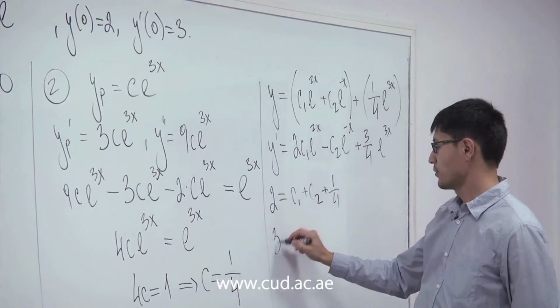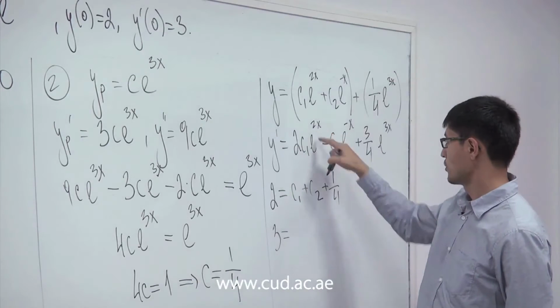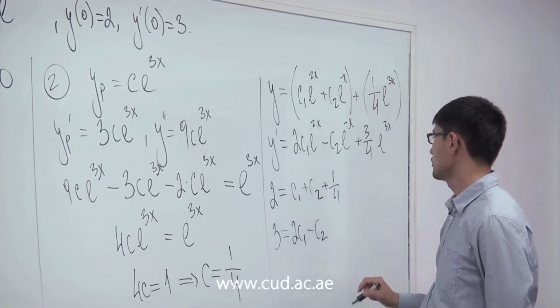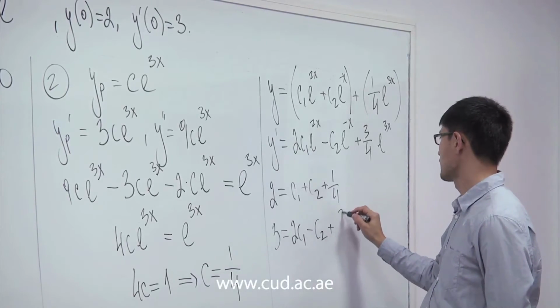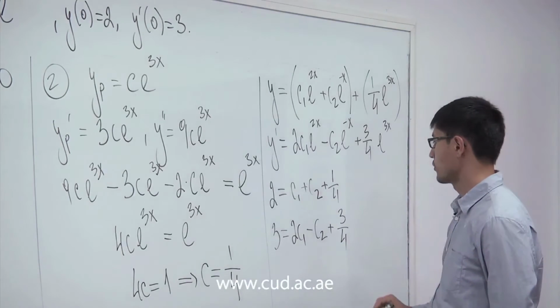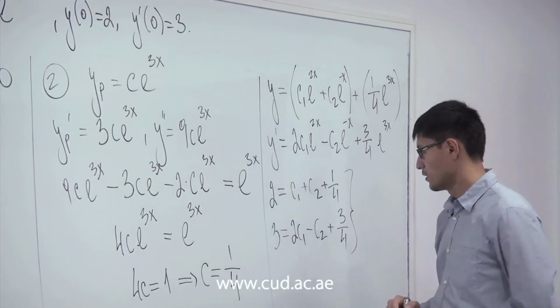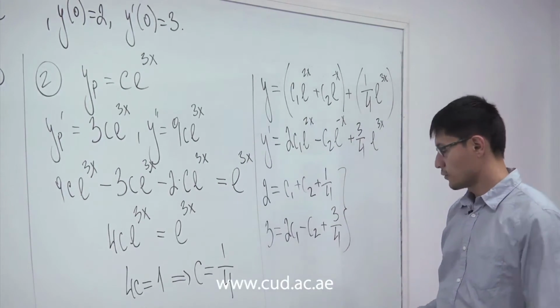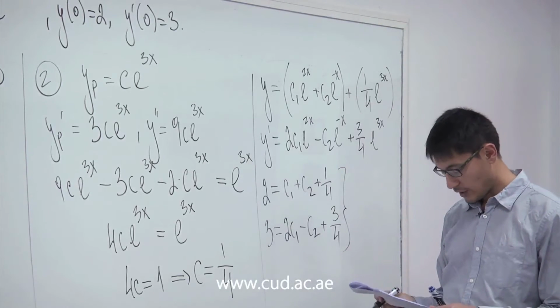So I get 3 equals, let's put 0, 2c1 minus c2 plus 3 over 4. So I have a system of equations, two unknowns. We solve the system of equations and we get our answer.